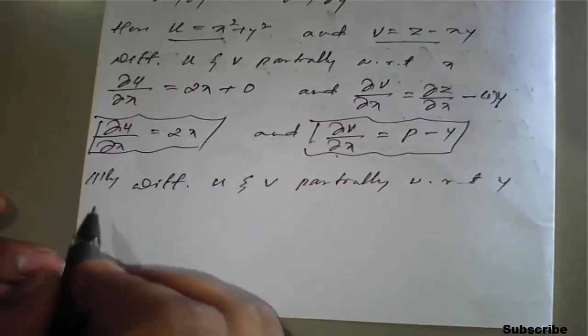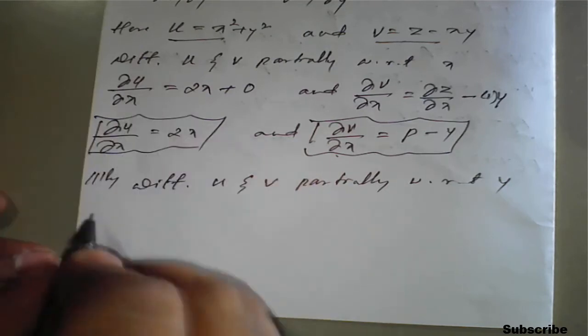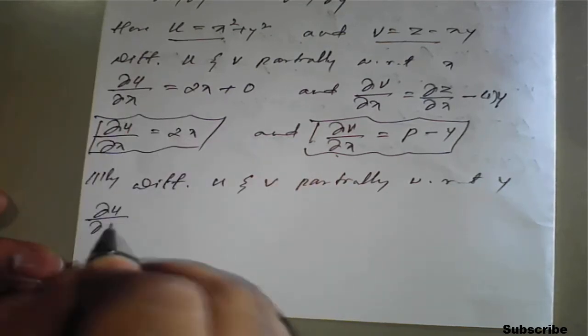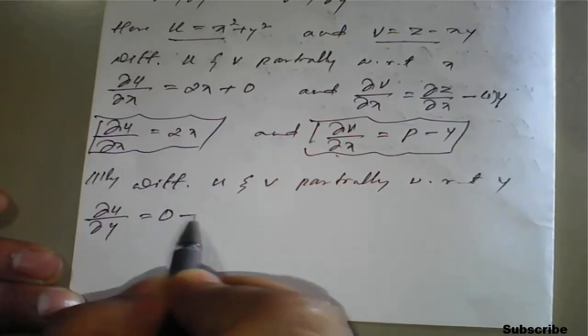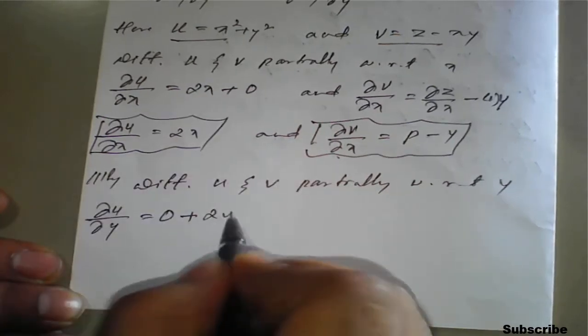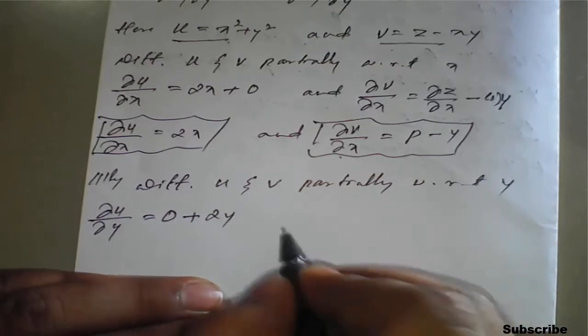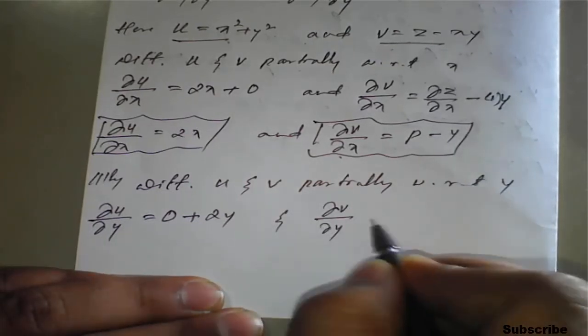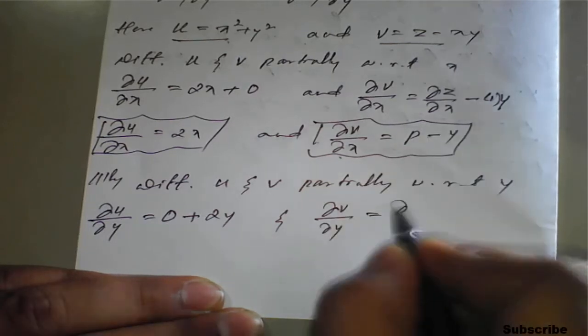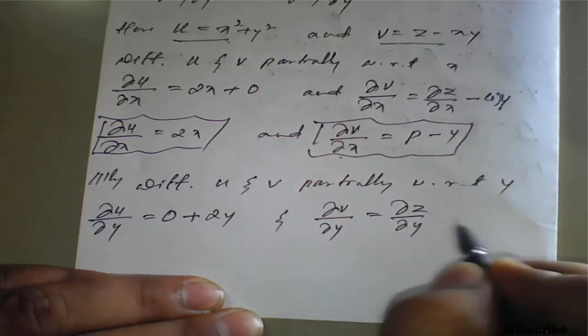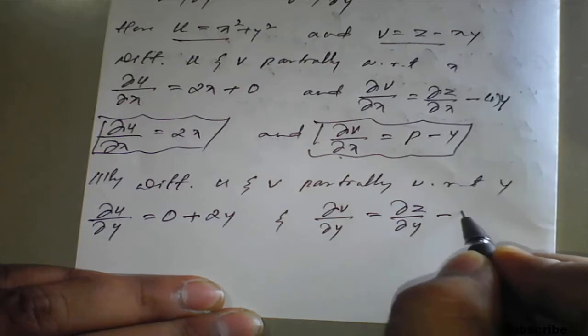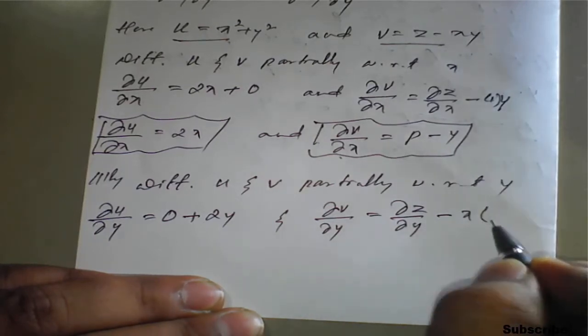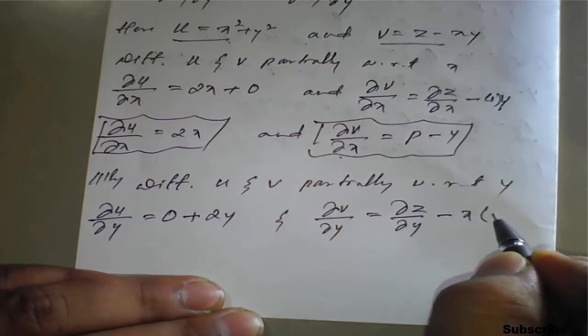With respect to y, dou u by dou y is equal to x square becoming 0 plus y square becoming 2y. Similarly, dou v by dou y is equal to, z is a function, dou z by dou y, minus, by the product rule, x is a constant and the derivative of y with respect to y is 1.